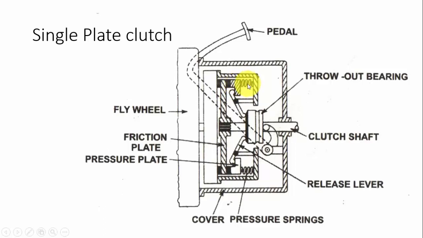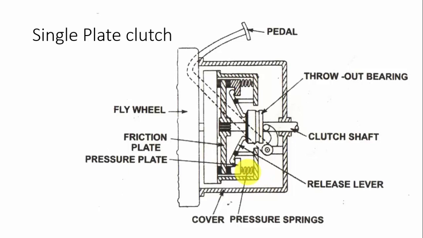This is called the pressure spring, by which pressure is offered to the pressure plate in order to keep the clutch engaged in default position. While the driver presses the pedal, he has to offer a force greater than the force offered by the pressure spring so as to release the clutch.